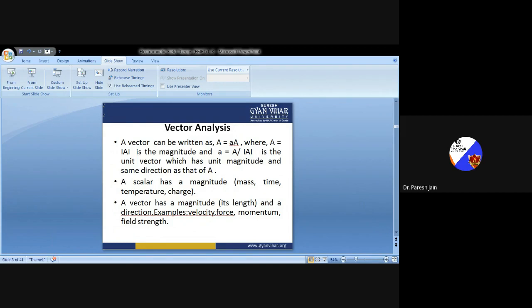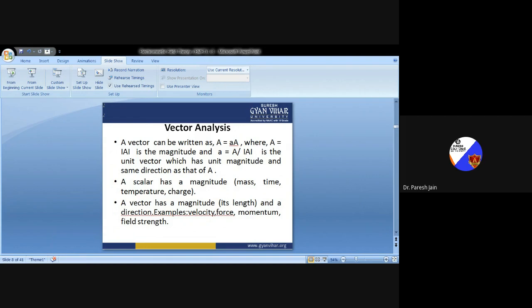So scalar quantities are mass, time, temperature, charge. These are the scalar quantities in our electromagnetic field theory system. And a vector has a magnitude, its length, and its direction.